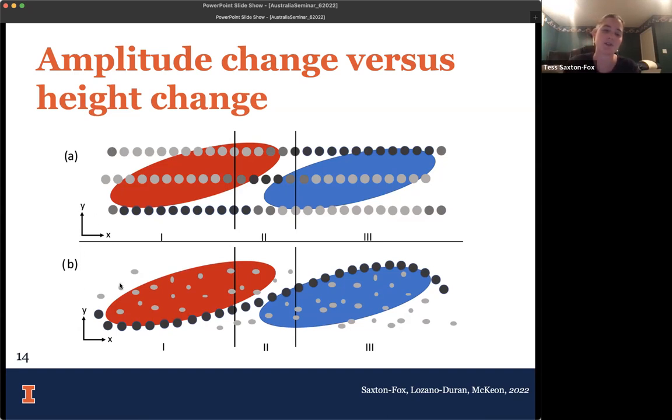I have two different visions here. The top one shows small scales sitting at a particular height from the wall and either being weaker or stronger. Stronger is darker and weaker is lighter. In this vision, they get stronger in this region of higher stress, stronger here in the shear layer, and stronger here, again, in this region of higher stress.